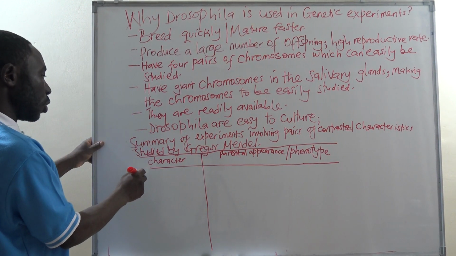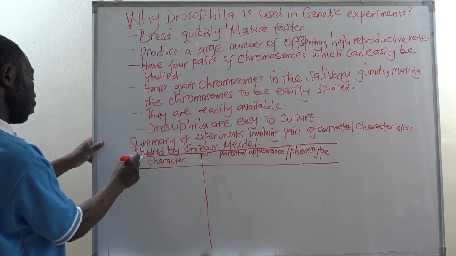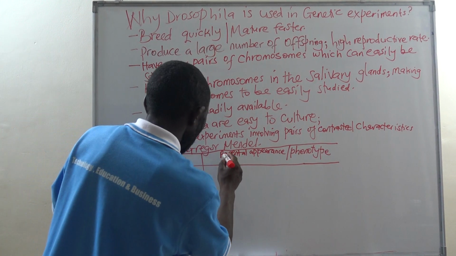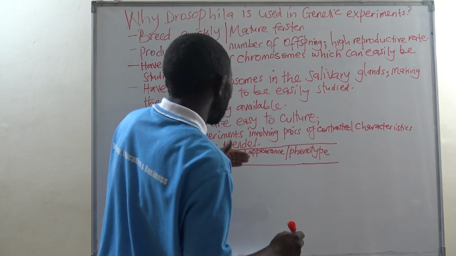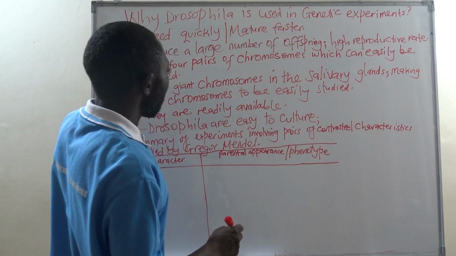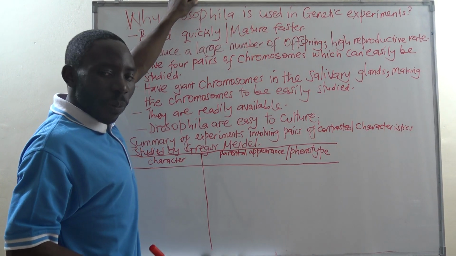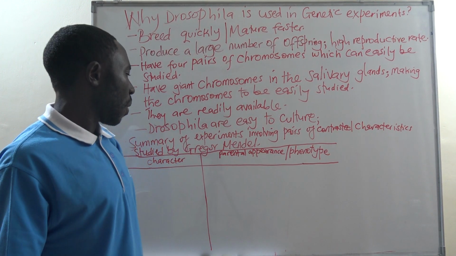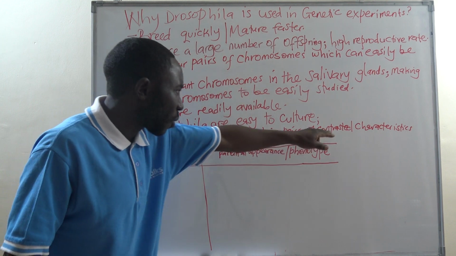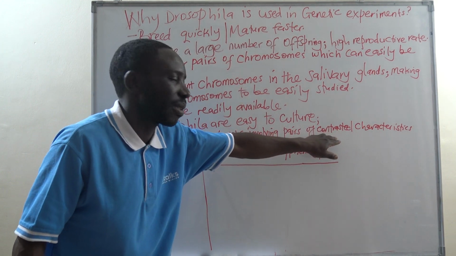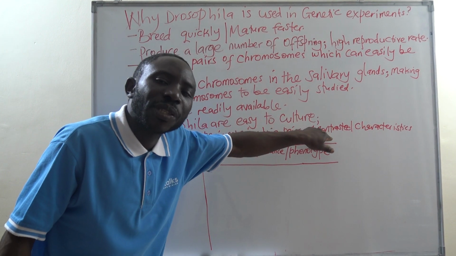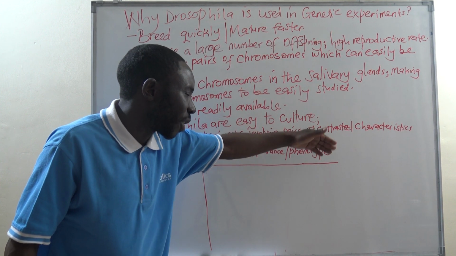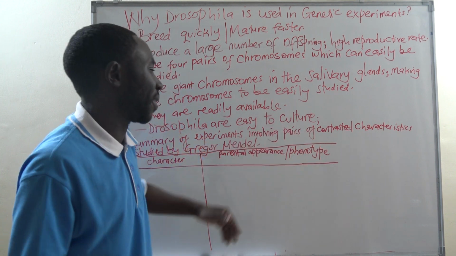Hope my table is visible. Now, of these phenotypes, some of them are dominant and the other ones are recessive. Of course, we are saying pairs of contrasting characters, or contrasting expressions of characters.